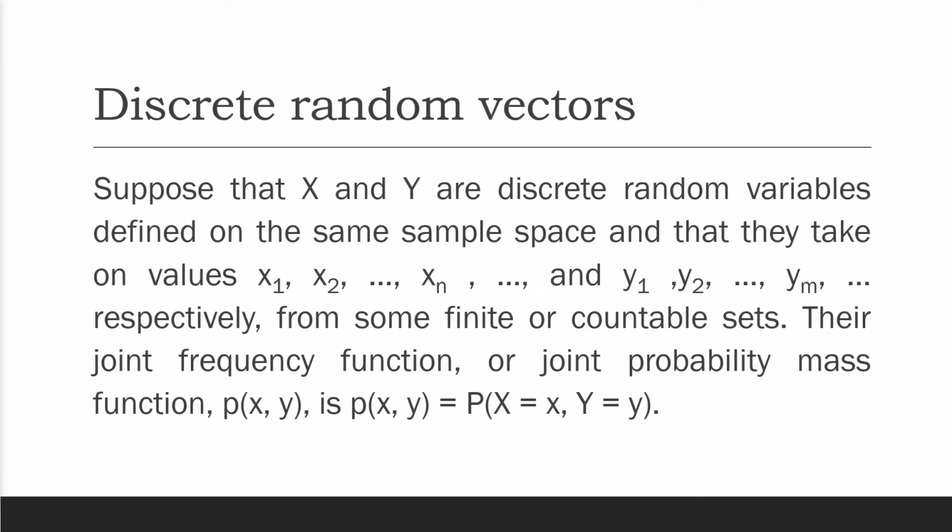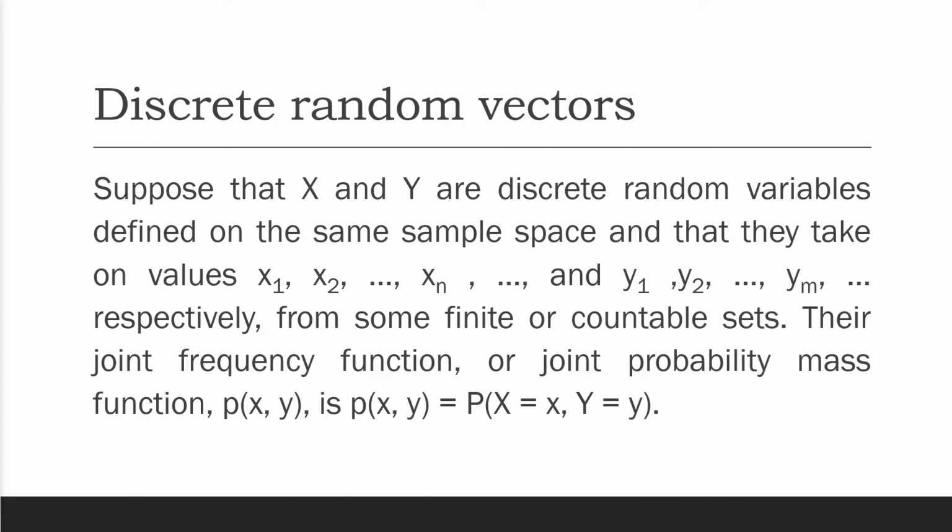So suppose that x and y are discrete random variables defined on the same sample space, and that they take on values x sub 1 up to x sub n and so on, and y sub 1, y sub 2 up to y sub n and so on, respectively, from some finite or countable sets.